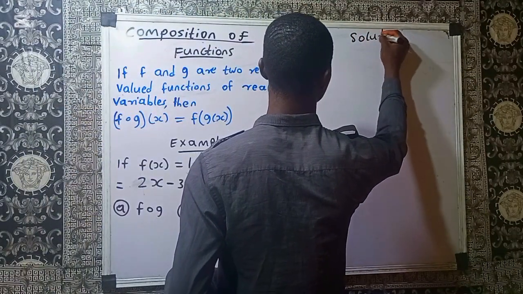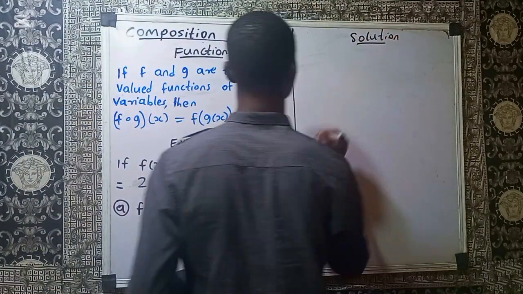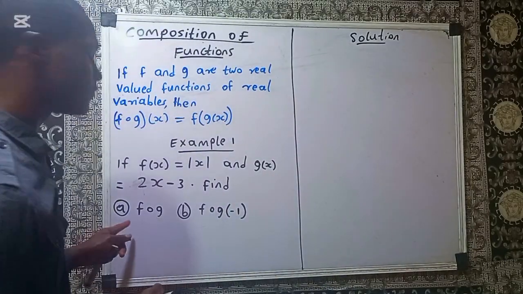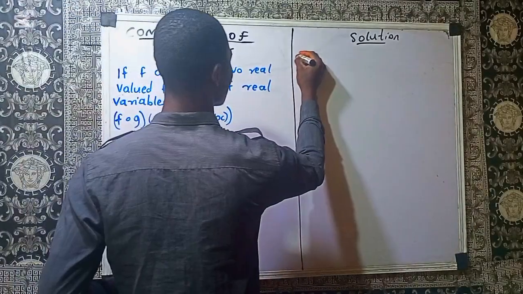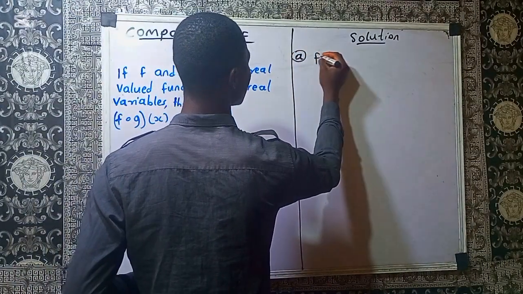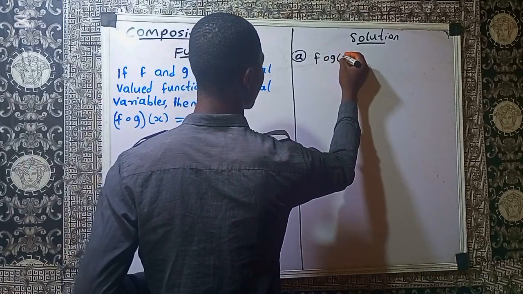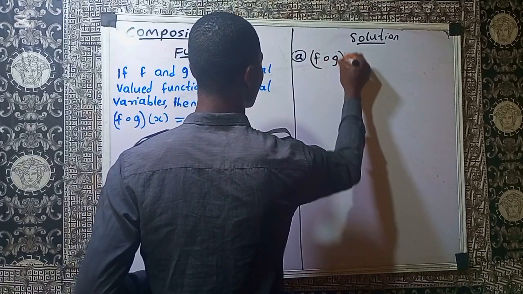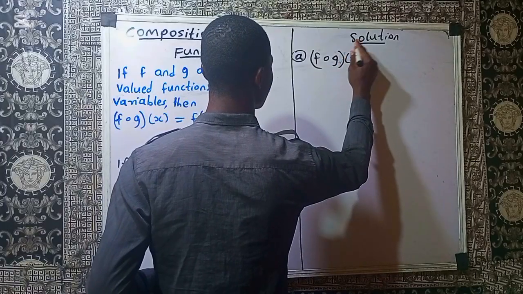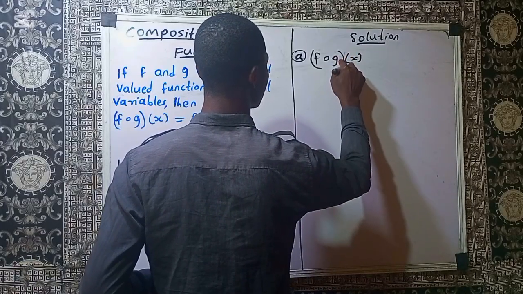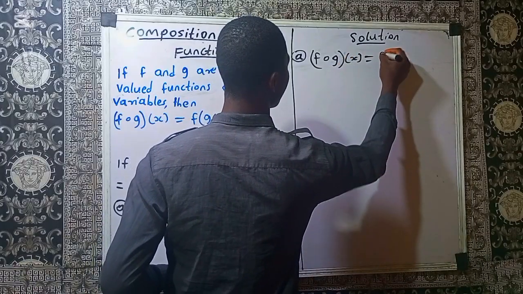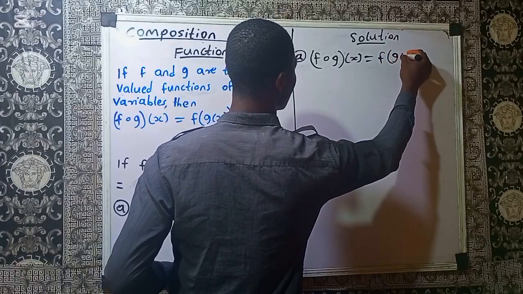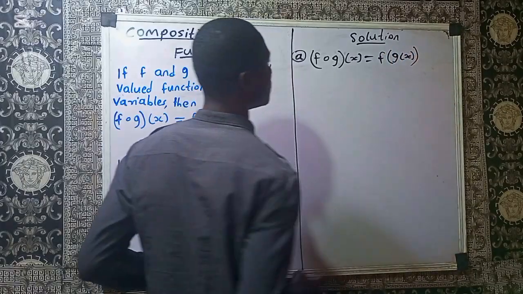So let's do the solution. For the first one, we use the definition, right? For the a part, we know that f composition g of x is equal to f of g of x, right?